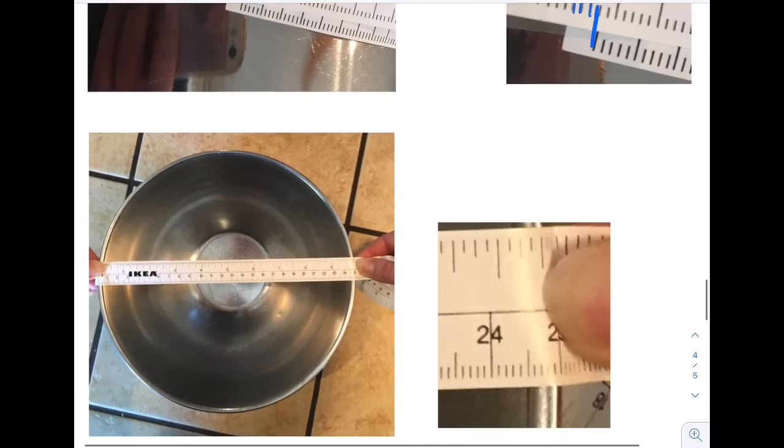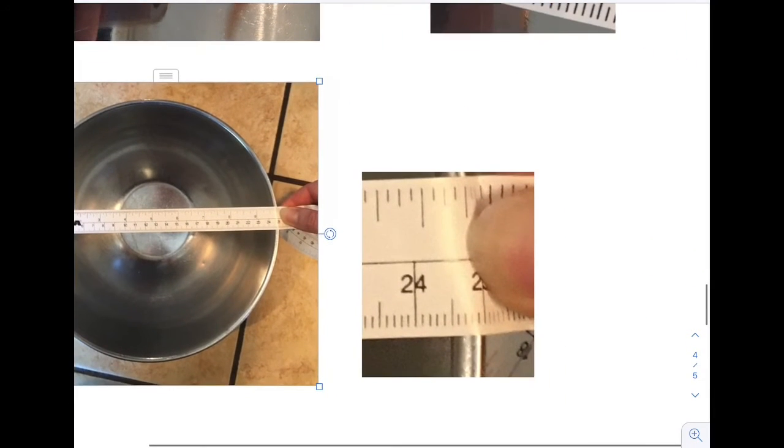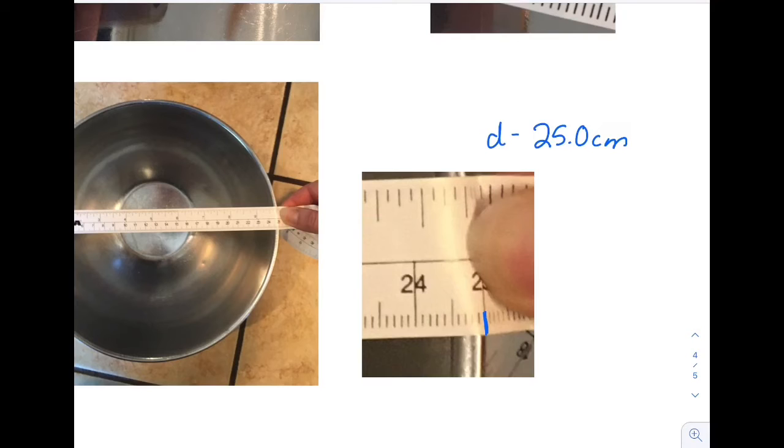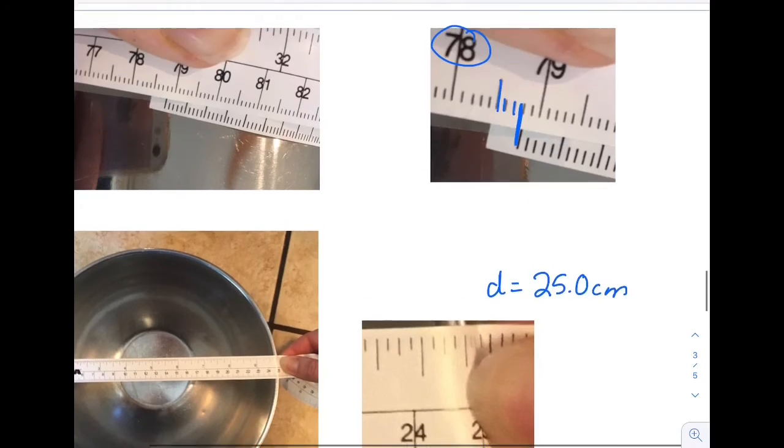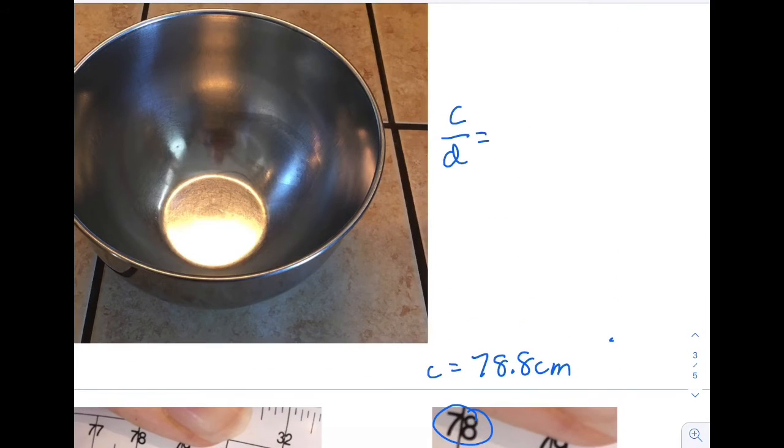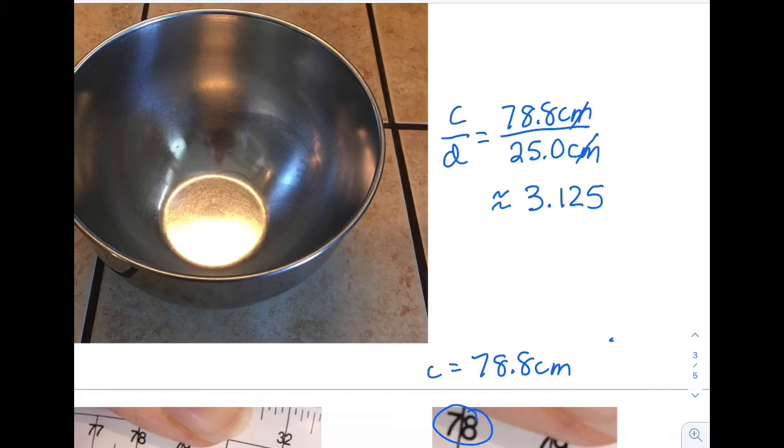And my diameter across the center, if we zoom in, it looks like I'm about right here at the edge at 25. So we'll do our calculation, and I get about 3 and 125 thousandths right here.